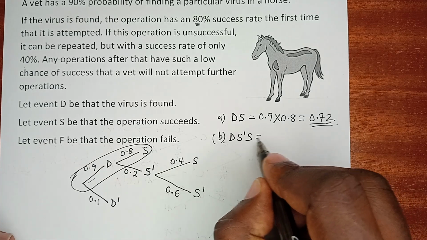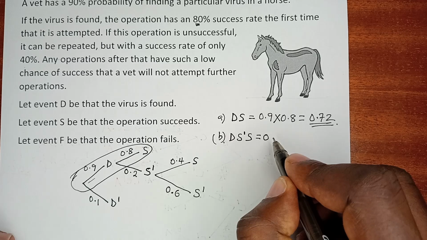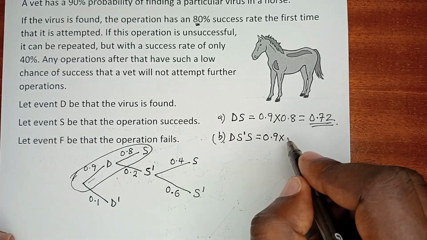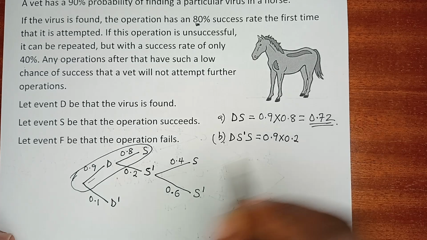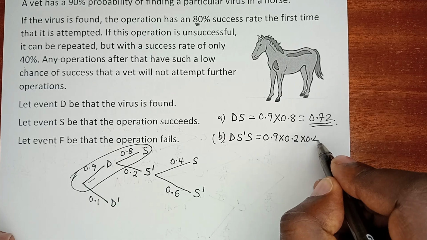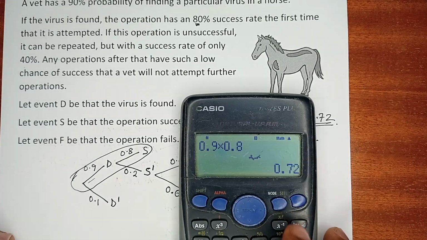This is detection of the virus 0.9, operate unsuccessfully 0.2 this time round, and then operate the second time successively 0.4.